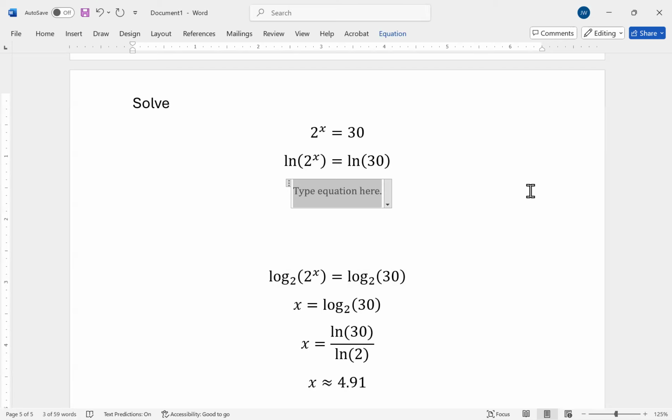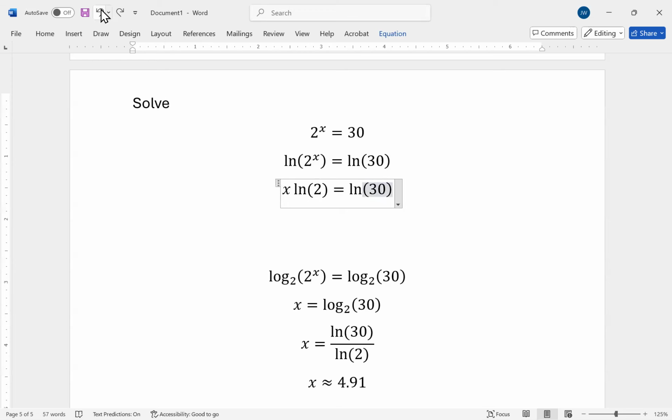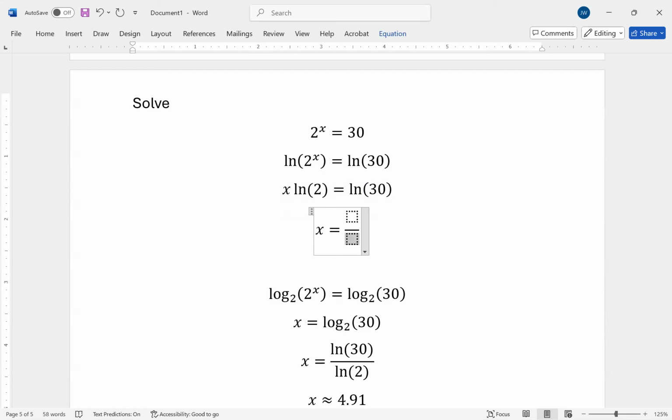I could take that exponent out front, and the left-hand side is x times natural log of 2. The right-hand side is the natural log of 30. Notice what that is. That's x times a real number is equal to another real number. In order to solve for x, I would just need to divide both sides by the natural log of 2.